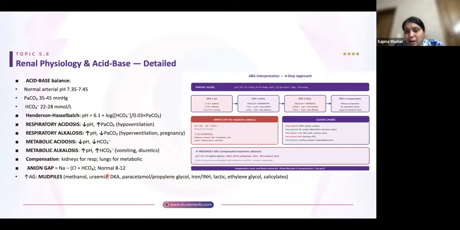Then normal anion gap metabolic acidosis is seen in diarrhea and RTAs. Then metabolic alkalosis, we discussed yesterday, is hypochloremic metabolic alkalosis. So that is in vomiting, diuretics, and hyperaldosteronism.